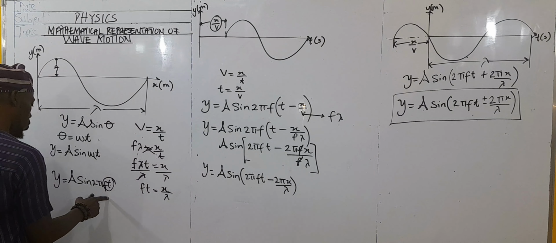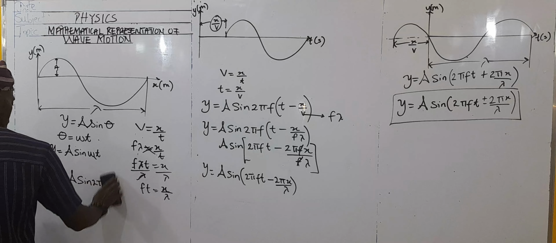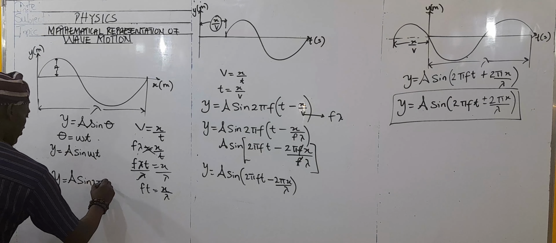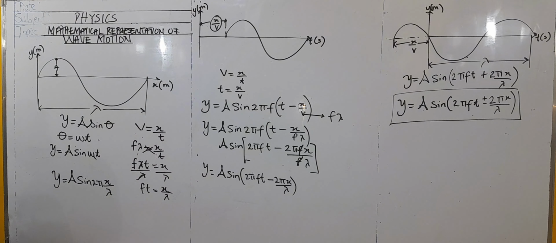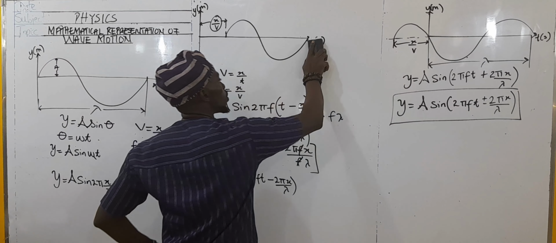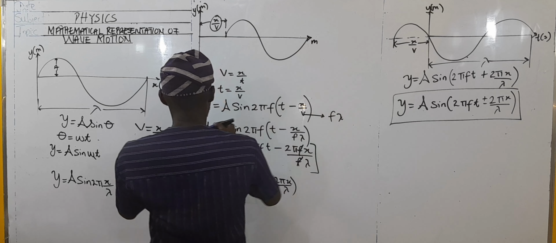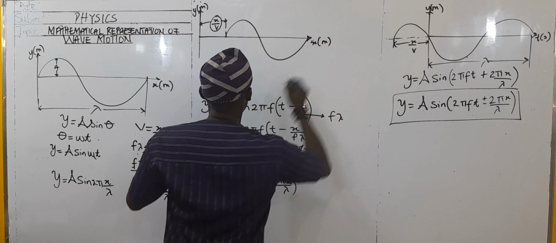So it means this equation will now be x over lambda. Alright, having said that, we are taking this away and putting x displacement, which is meters.